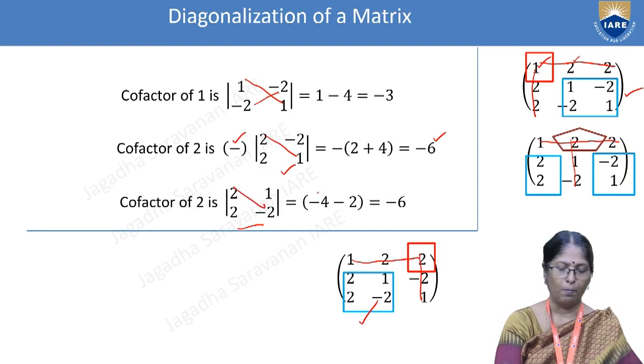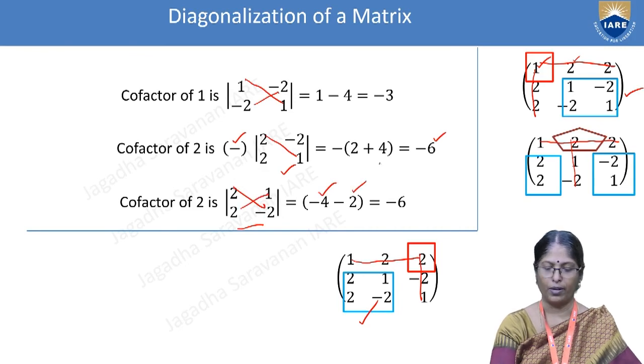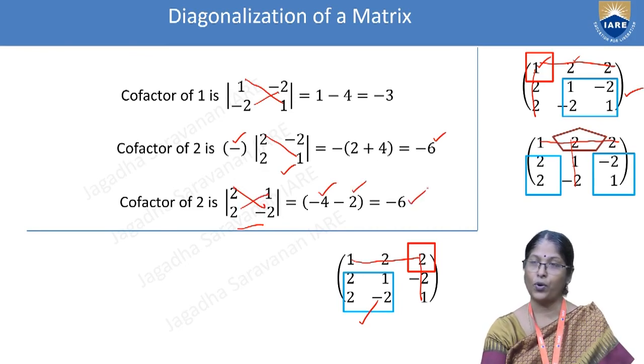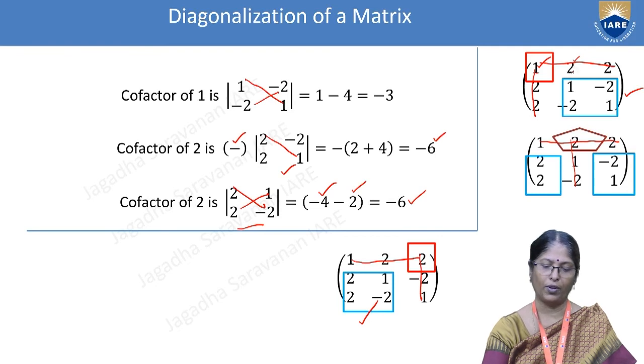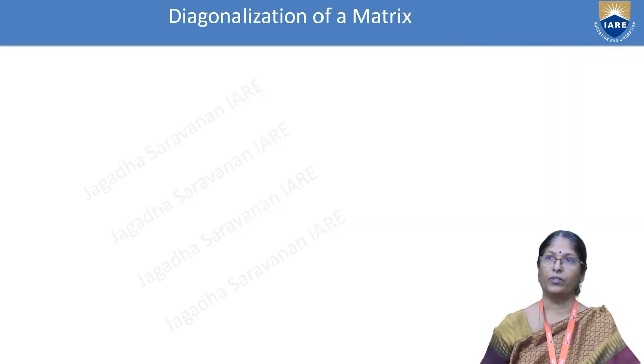Minus 4, minus of this cross minus 2, we got minus 6. So for the first row, the cofactors: this position minus 3, this position minus 6, this position minus 6. First row we completed. So among the 9 elements, 3 cofactors we found. Left over 6 cofactors are there. Now we will see that also.